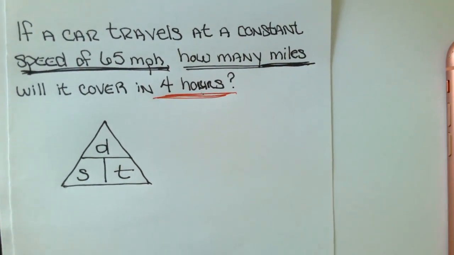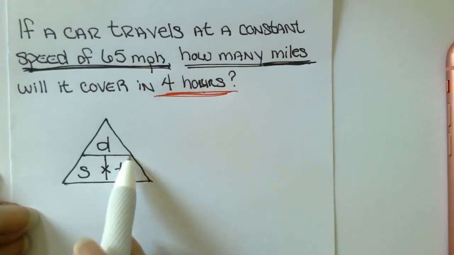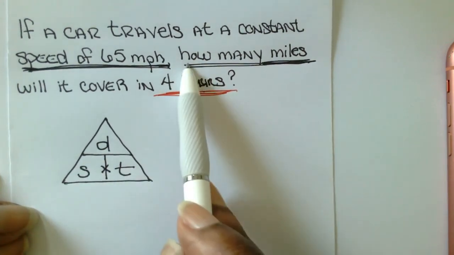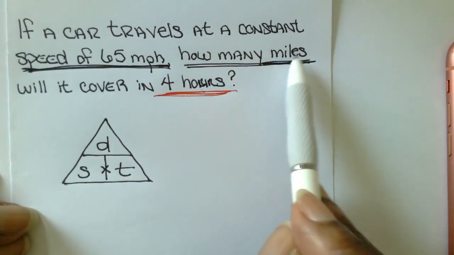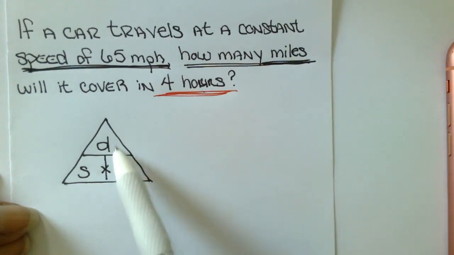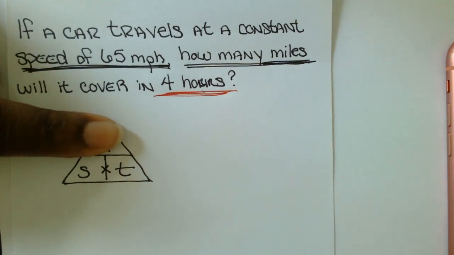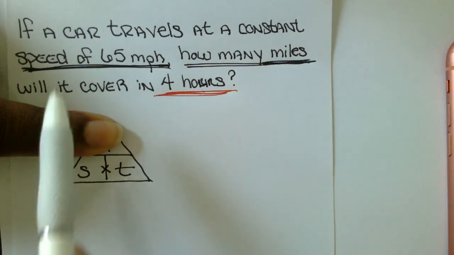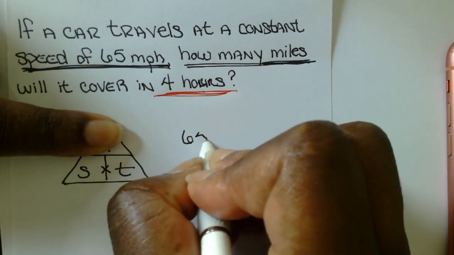So I use this to kind of help with, am I multiplying or am I dividing? So what are we looking for? We're looking for how many miles. Miles is our distance. So if we're looking for distance, I'm covering up the D, and what's left is my S and my T. The S is the speed, so that's 65.